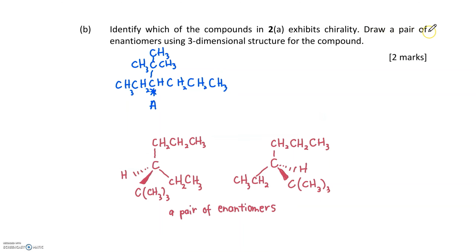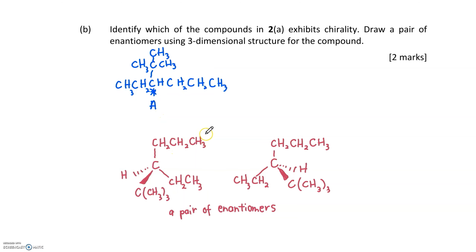Drawing a pair of enantiomers using 3-dimensional structure means drawing a dash and wedge structure. Make sure that the chiral carbon is bonded to the right atoms. So all the 4 groups of atoms are bonded to the right atom.